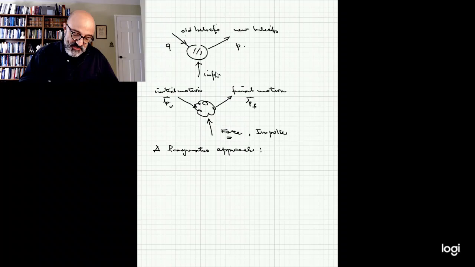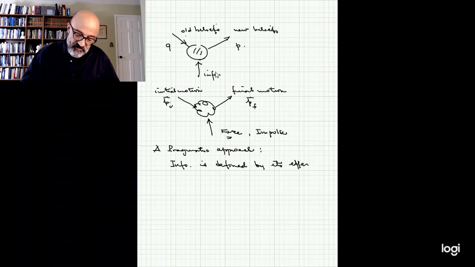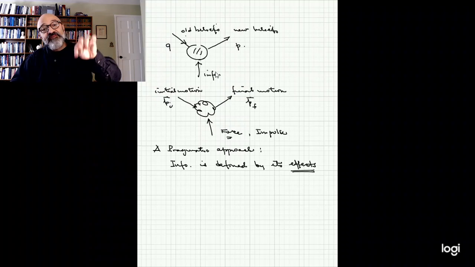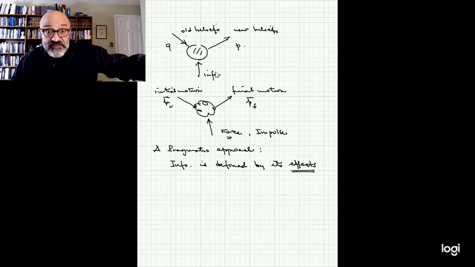What is information? Information is defined by its effects, by what it does. Information is what information does. It changes your mind.